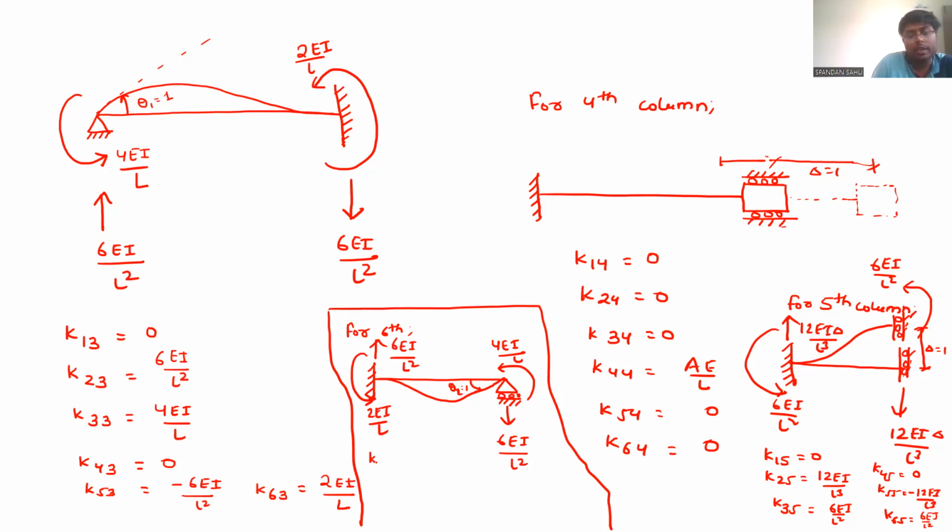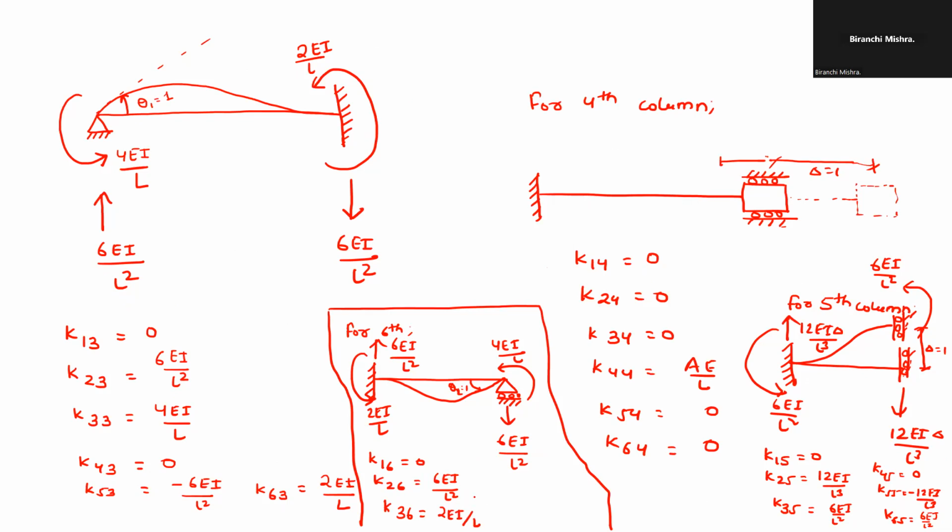So you can write K16 will be 0. K26 will be, how much will K26 be? K36 will be 2EI upon L. K46 will be 0.